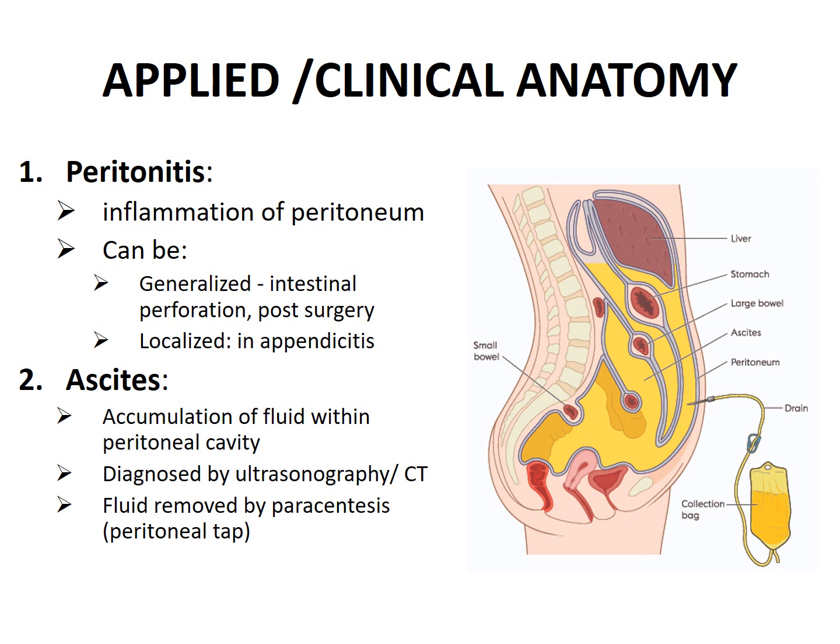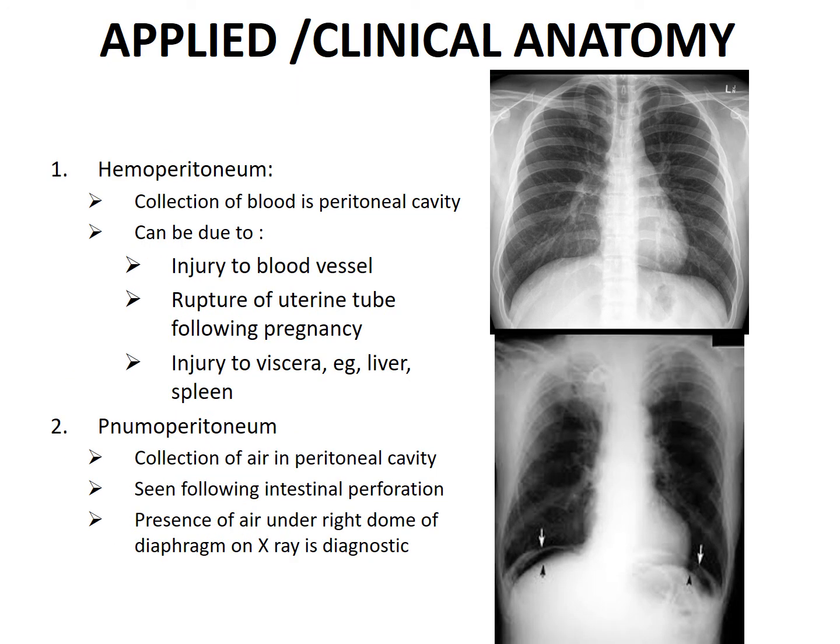The fluid which collects within the peritoneal cavity in case of ascites has to be removed by introducing a needle inside and then draining through the drain into the collection bag, and this process is called paracentesis or the peritoneal tap.